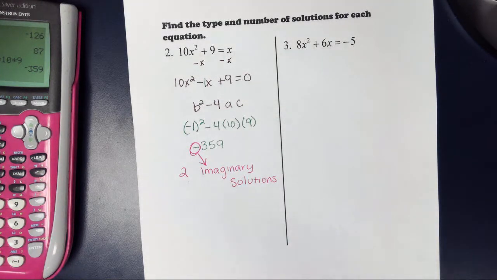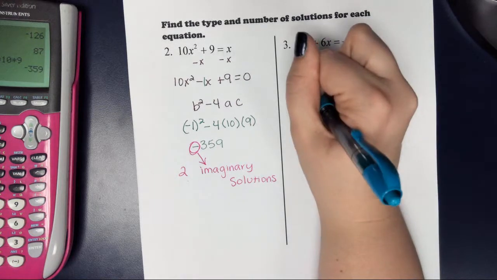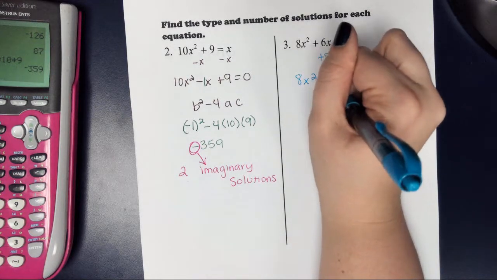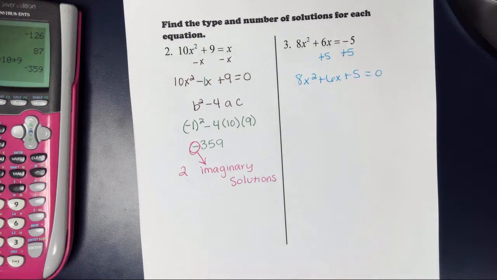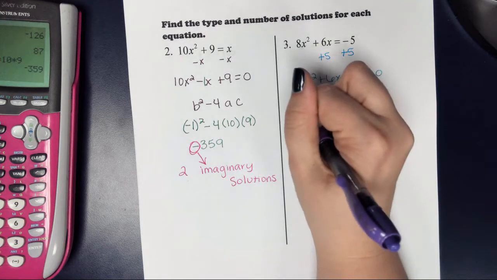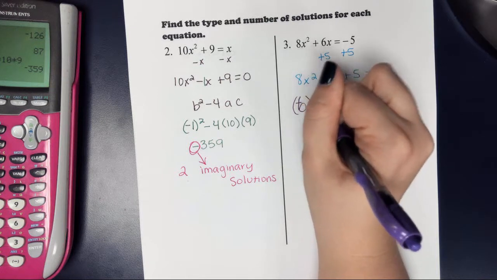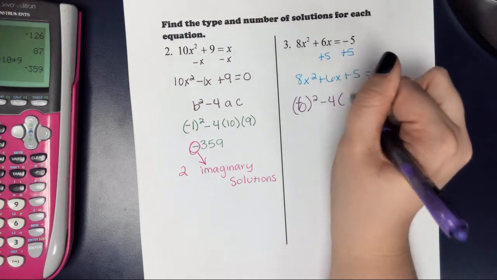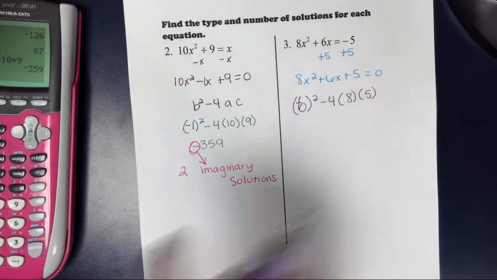Number 3. Number 3, again, is not in standard form, so I'm going to add 5 to both sides. I get 8x squared plus 6x plus 5 equals 0, and I'm going to plug it into that discriminant. I've got positive 6 is my b term, squared minus 4 times 8 times 5, and then I'm going to plug that in my calculator.